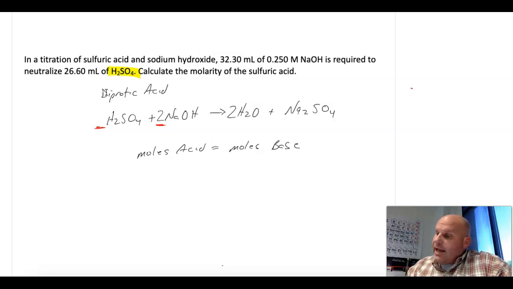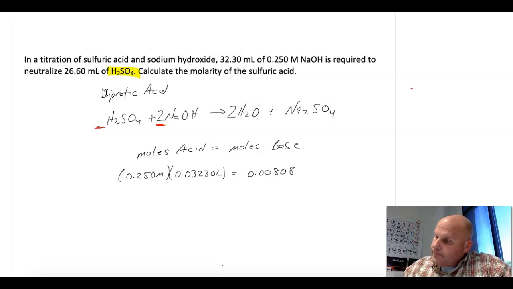So based on the data that this problem has provided, I can use the molarity of the base times the volume of the base to calculate moles of base.